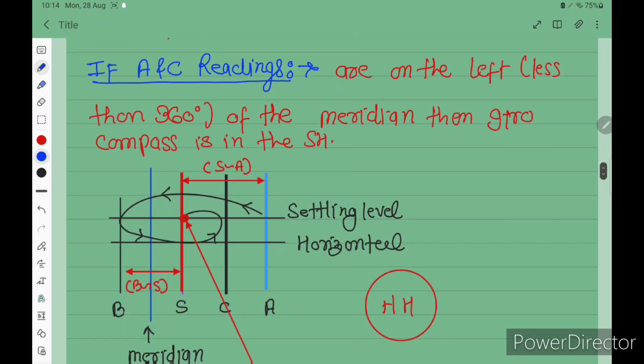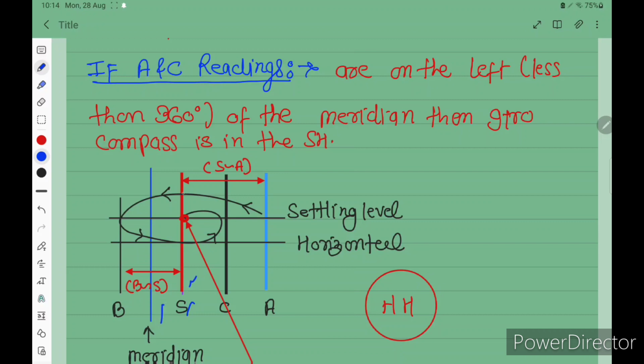Okay, this is B, this S, this C and A. The blue one is the meridian, and this S is your settling point.